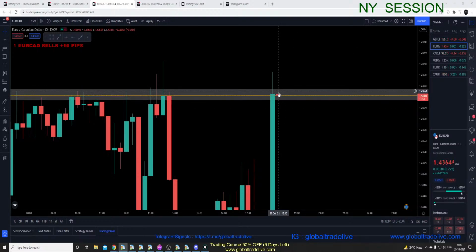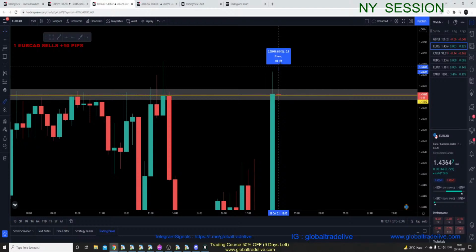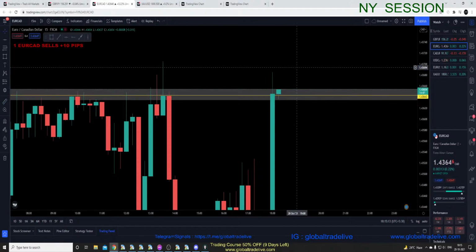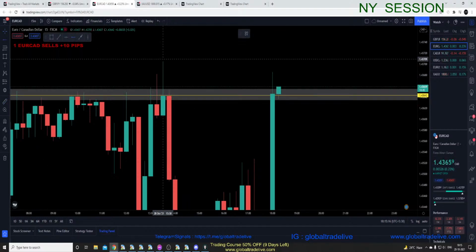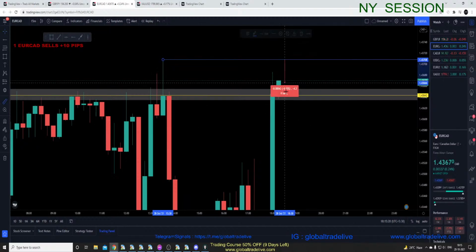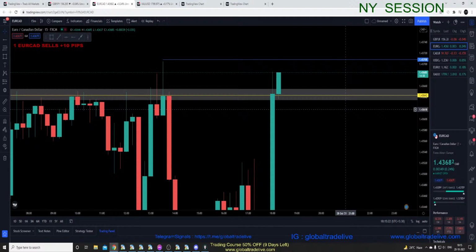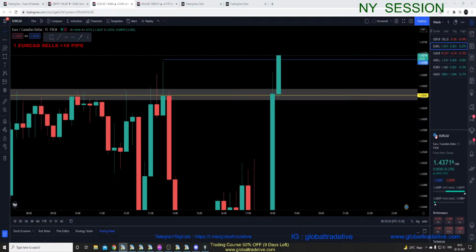So once this current candle breaks this high, I'm gonna take a trade. Stops will be around 7 to 8 pips.